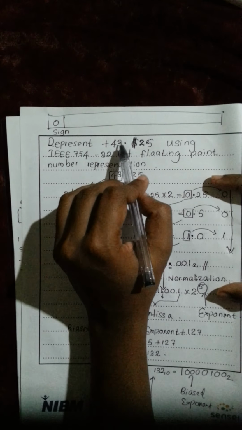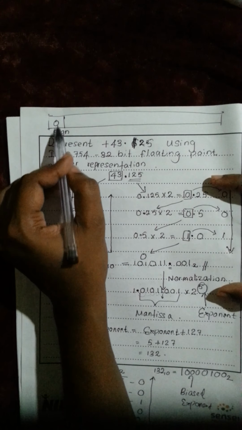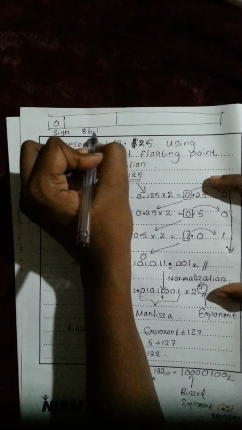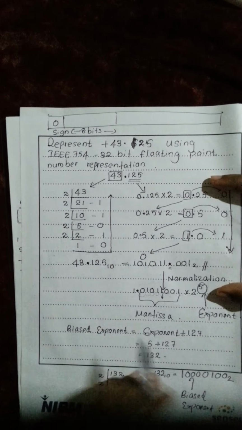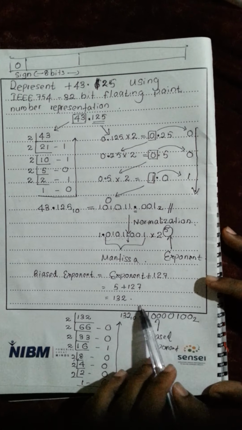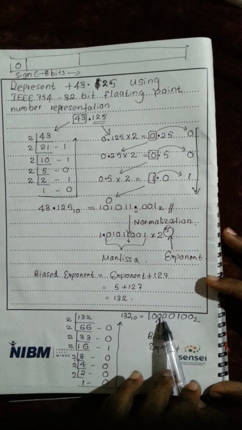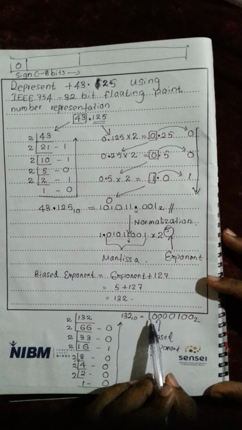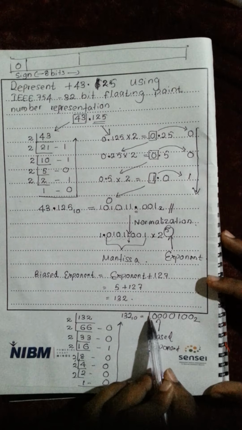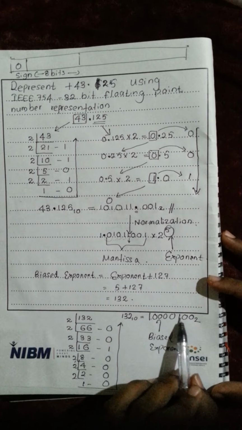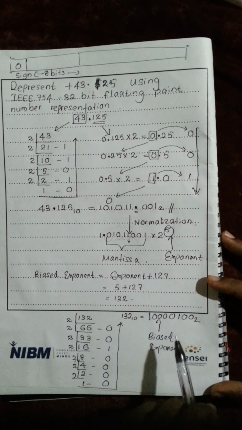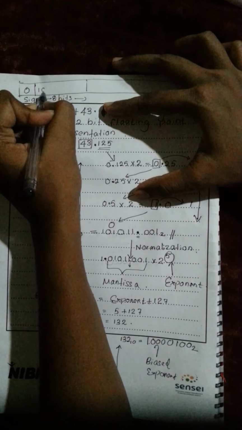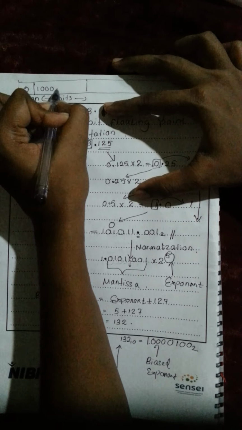If this was minus 33.125, I'd store 1 here. The next 8 bits I'm going to use to store the biased exponent, 1 0 0 0 0 1 0 0. Let's see how many bits there are: 1 2 3 4 5 6 7 8. We have exactly 8 bits, therefore I just write this inside the biased exponent.